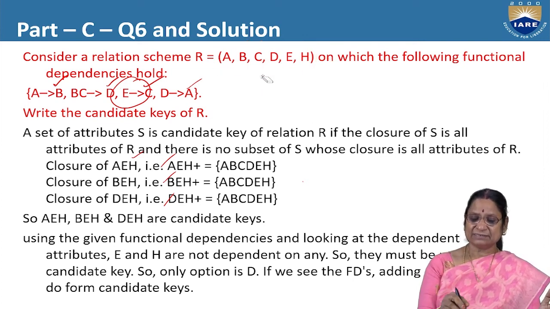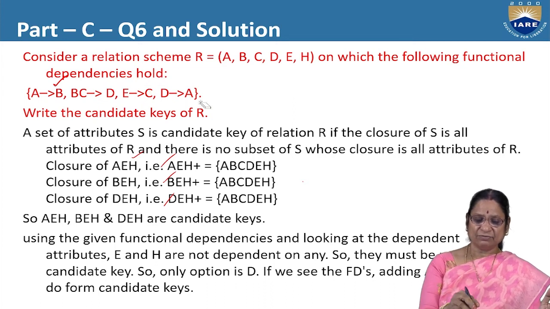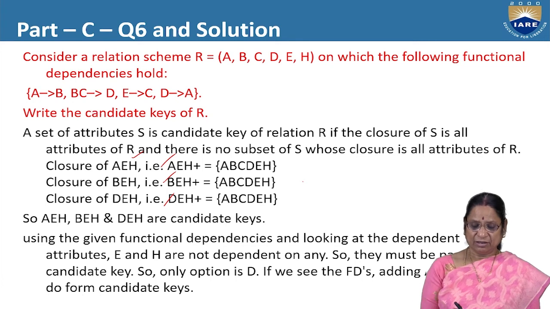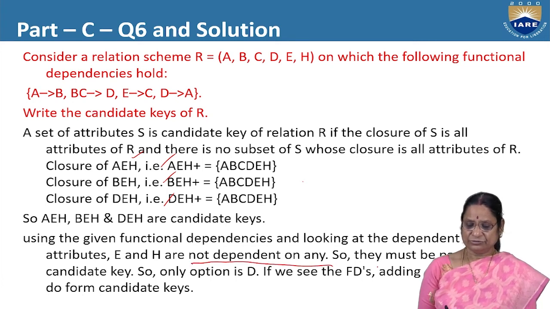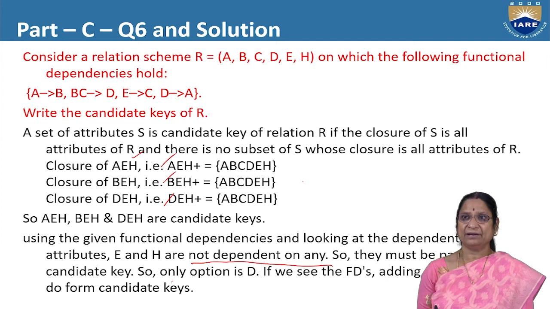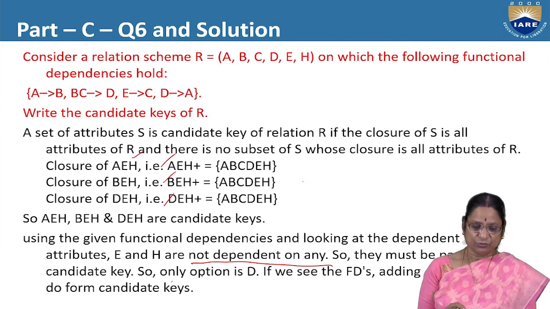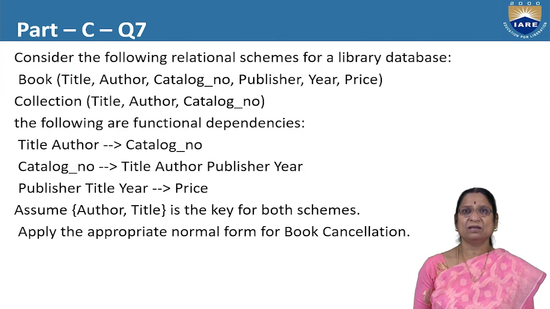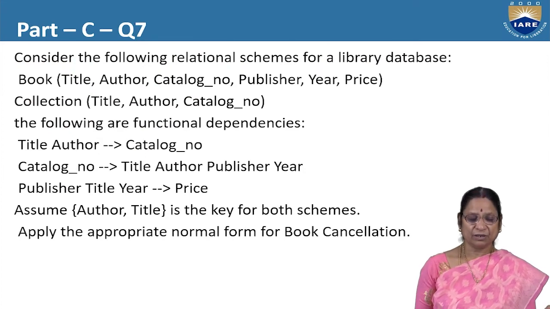So based upon this, E and H are not dependent on any of the others, so they must be part of any candidate key. So the only options are A, B or D: adding A, B or D to EH forms a candidate key. That's why C cannot be used. So AEH, BEH, DH are candidate keys.